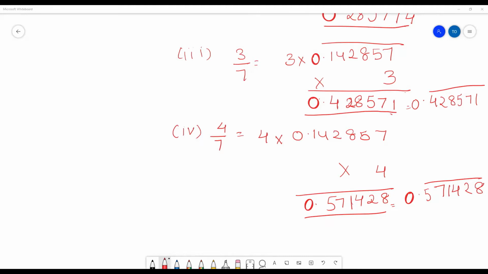So this is our answer. Now comes the fifth question, that is 5 by 7.